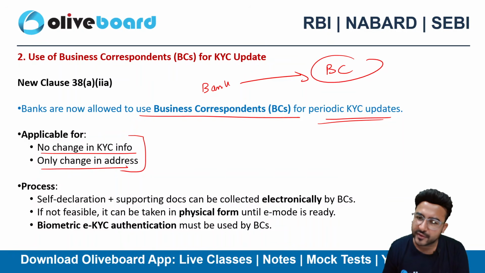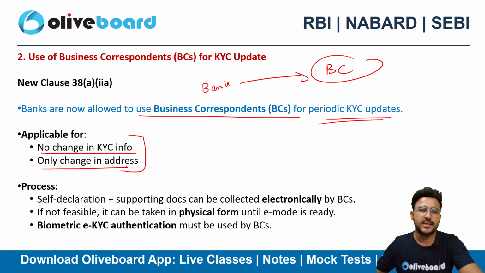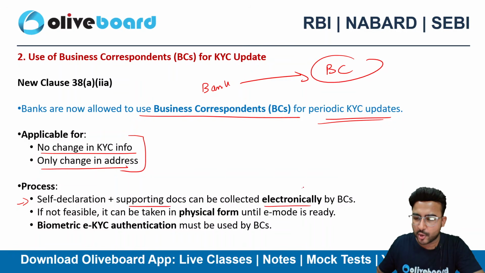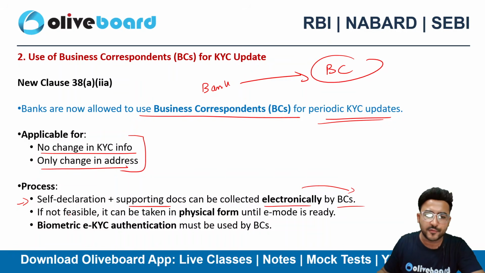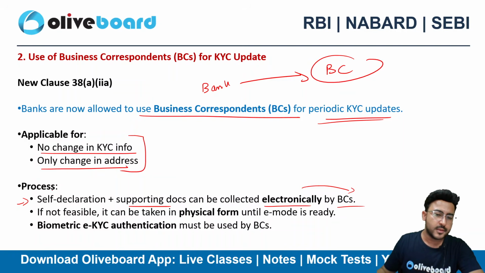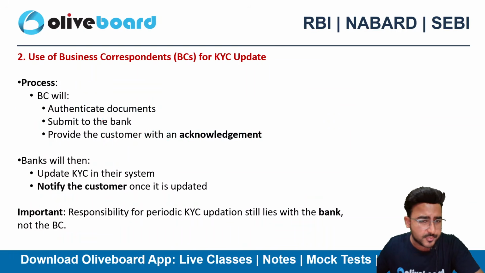If there is any kind of address change, then definitely that address change can also be processed via this business correspondent, right? Self-declaration plus supporting documents can be collected electronically by the business correspondent. If not feasible, it can be taken in physical form as well until the e-mode is ready. Okay. So that's what the provision is all about.